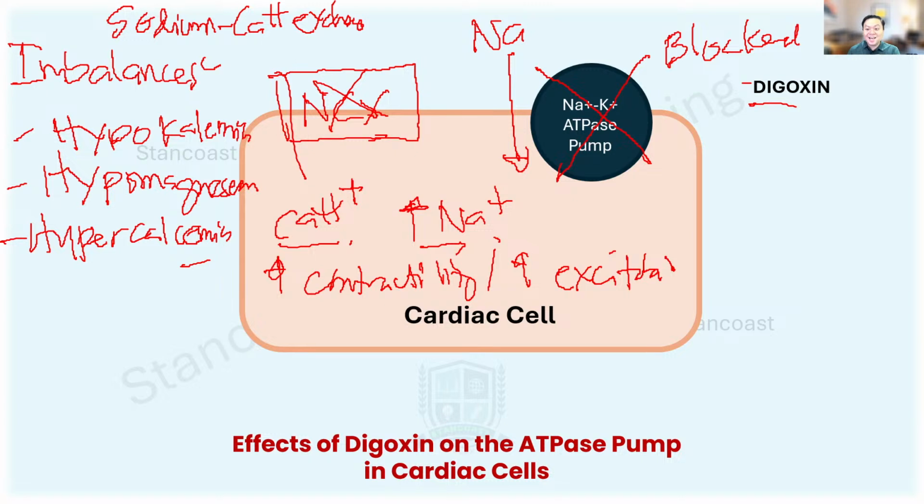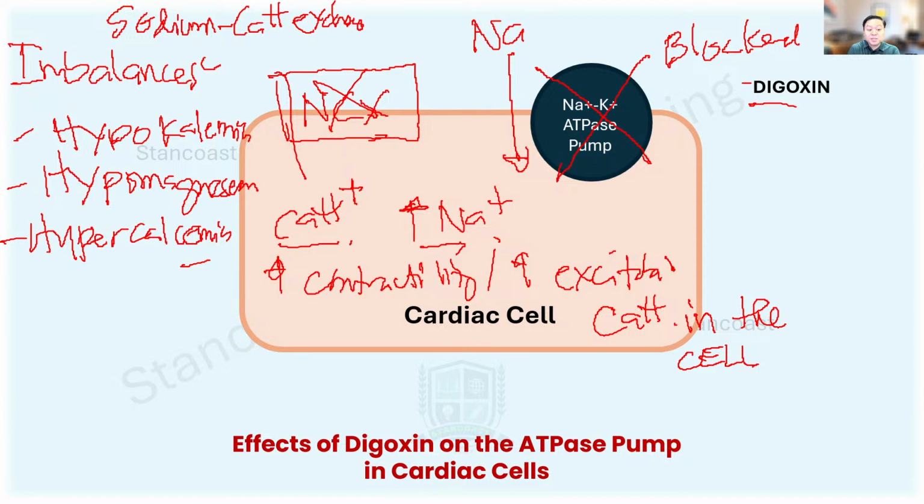So what's going to happen instead is that there is now an increase in the calcium level inside the cell. It's not hypercalcemia, but increasing calcium in the cell. So what's going to happen here?